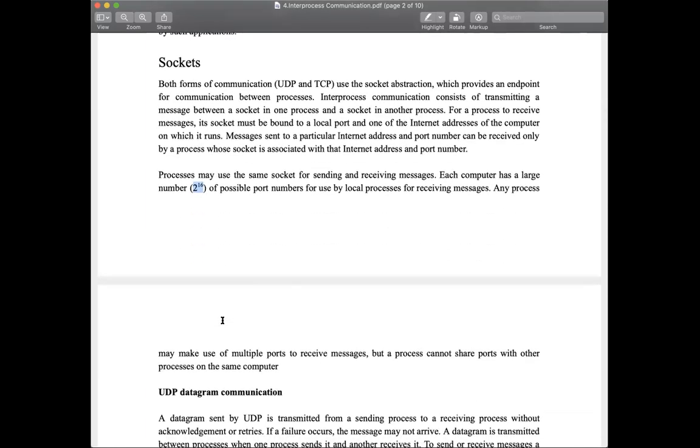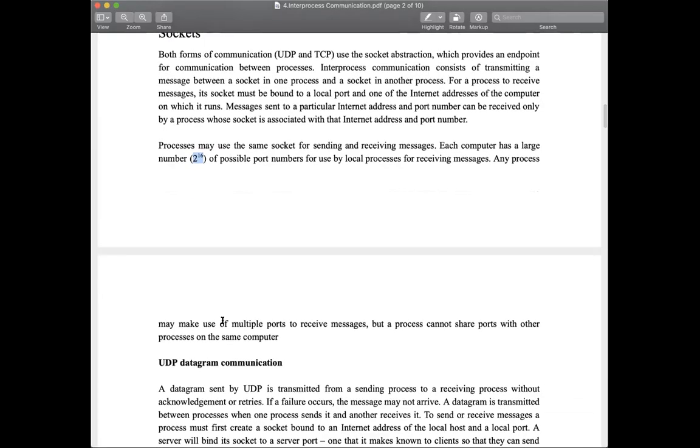So likewise, in the standard communication, even though we have 2 to the power 16 possible ports, there are some restrictions, right?